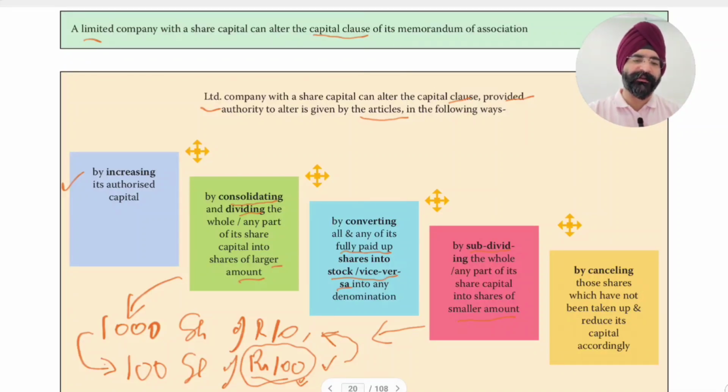This is subdividing the whole or any part of its share capital into shares of smaller amount. Then by cancelling those shares which have not been taken up, meaning shares were offered but not taken, and then we reduce its capital accordingly.